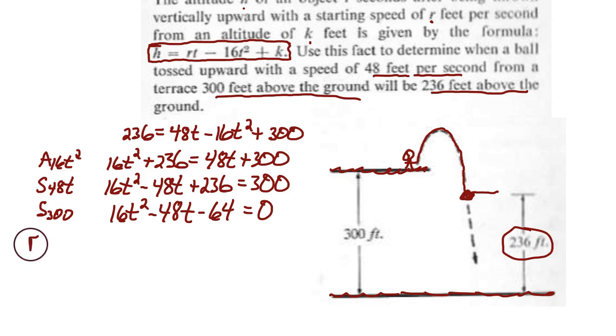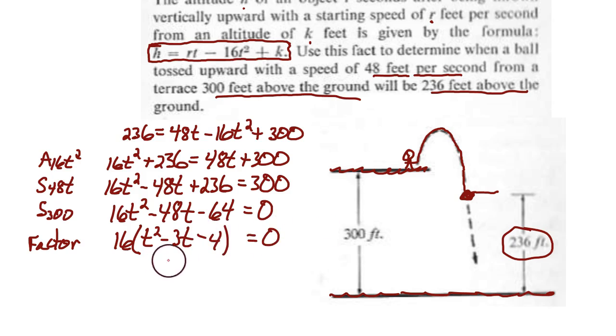Step 2, let's factor. All terms divide by 16, so factor a 16 at the beginning, leaving t squared minus 3t minus 4, and that's equal to 0. The trinomial is factorable. We get 16 times t minus 4 times t plus 1 equals 0.